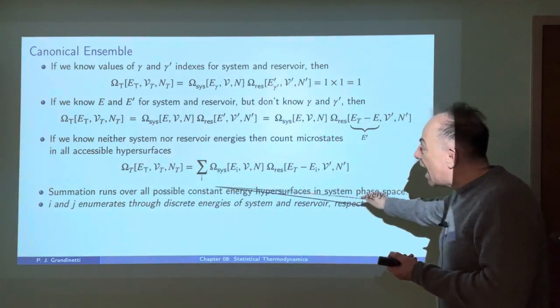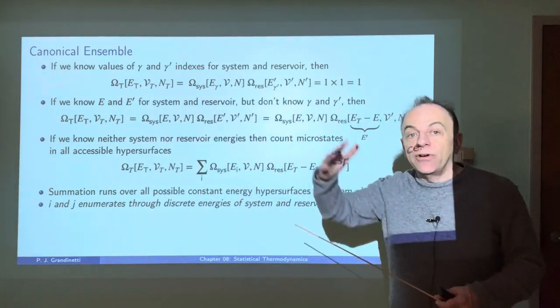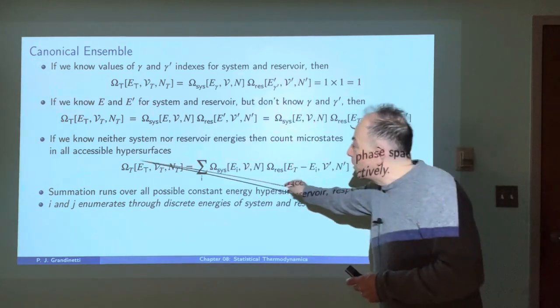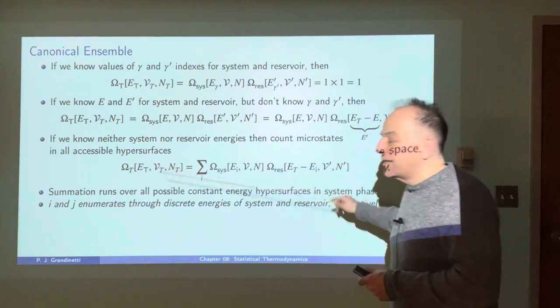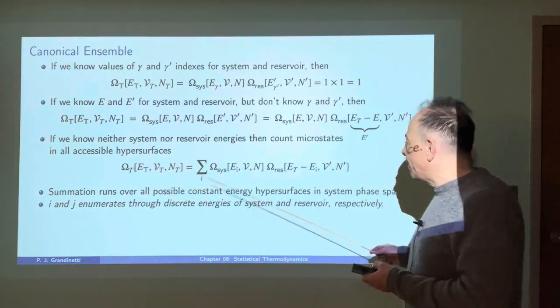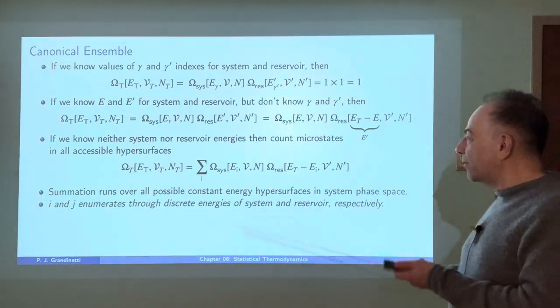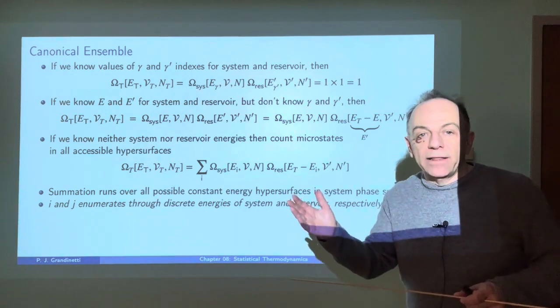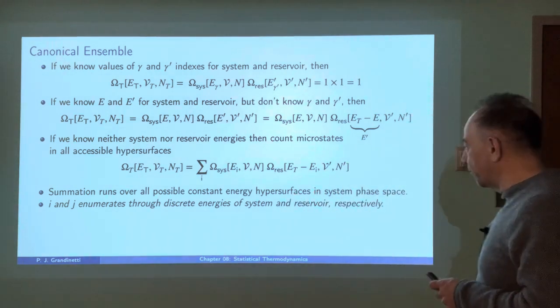But if I didn't know, I'd have to sum over all possible values of energy that the system can have, and that would be the total number of microstates that the system would have. So this would be the total number of microstates that is consistent with the total energy in our system if we didn't know what the energy of the system or the reservoir was.